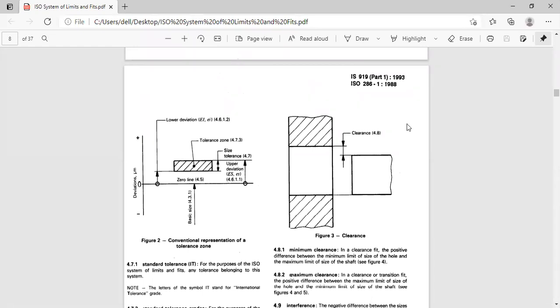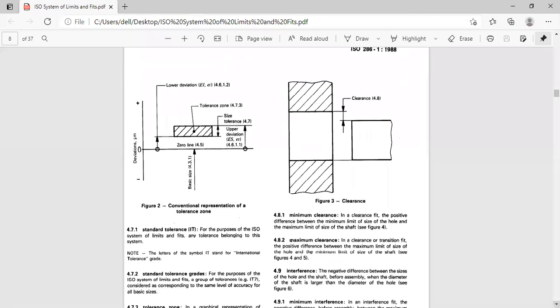As far as shafts and holes are concerned, capital ES for the hole and small es for the shaft is the upper deviation, and for the lower deviation, capital EI for the hole and small ei for the shaft. The tolerance of a hole is given by capital ES minus capital EI, and for the shaft it is small es minus small ei. You have to be very careful about uppercase and lowercase here, particularly for these tolerance zones.